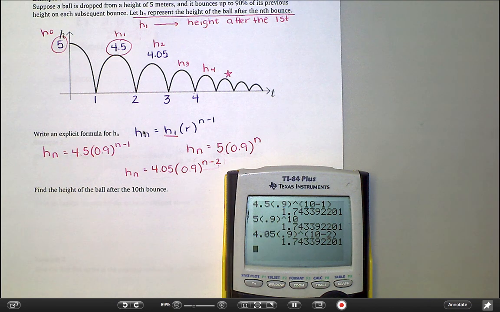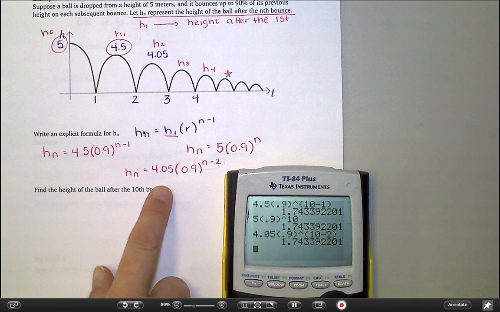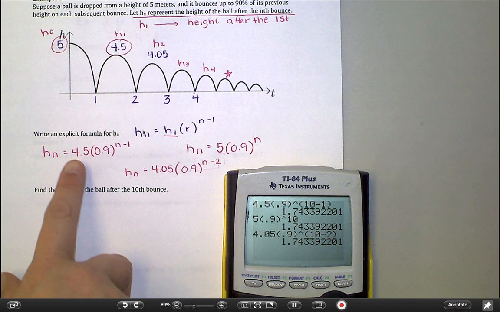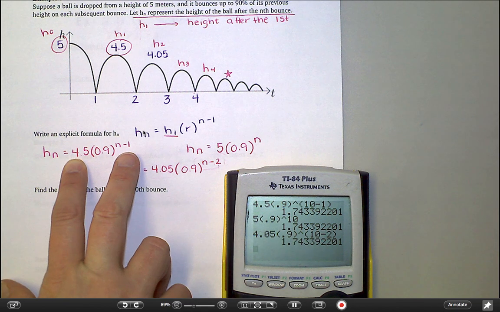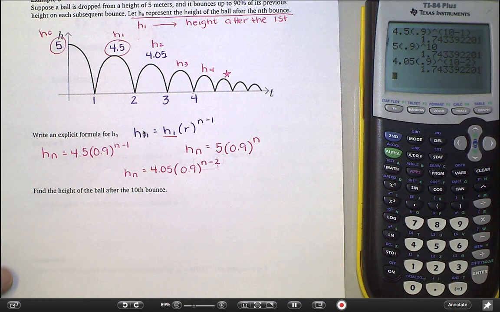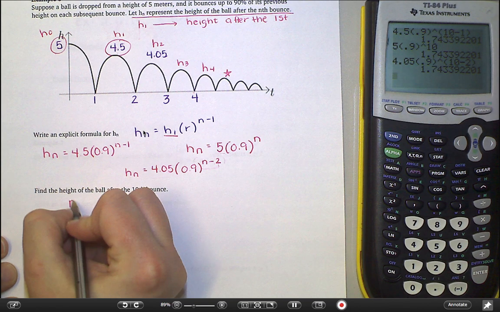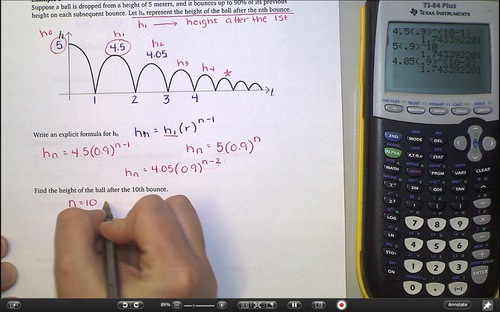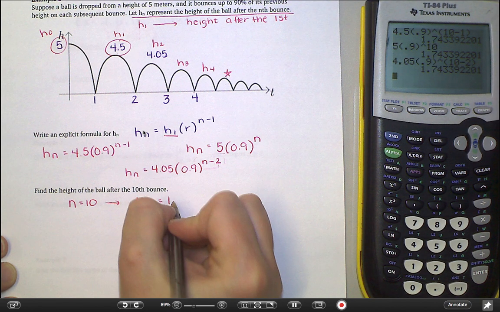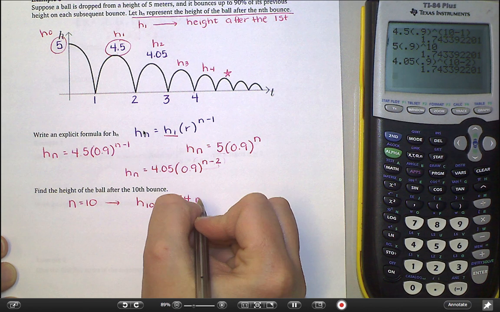So I just wanted to show you that any one of those formulas would work correctly, and I would accept any of them as answers, even if you wanted to get crazy and do this one, as long as this kind of corresponds with what the exponent should be doing. Okay, so just to jot down here, really what we did here is we made n equals 10, and then we found that term 10 was 1.74 meters.